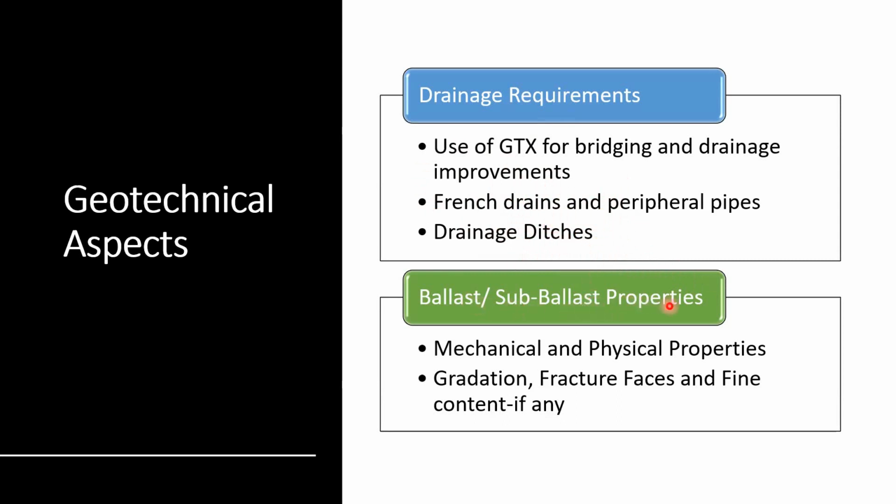The ballast and subballast properties: you have to specify the mechanical properties and the physical properties. The recommendation often includes the gradation. Again, some track standards provide guidelines, but you can always rely on local contractors' experience and your understanding of the requirements of the project, and you can tweak these gradations a little bit to make them more economical.